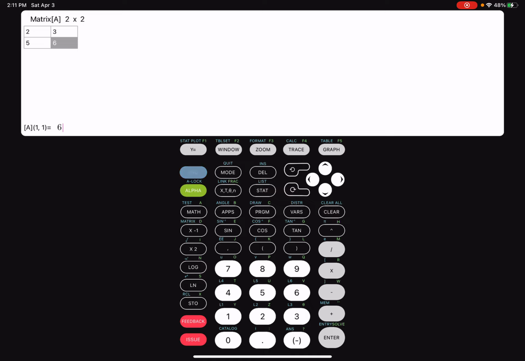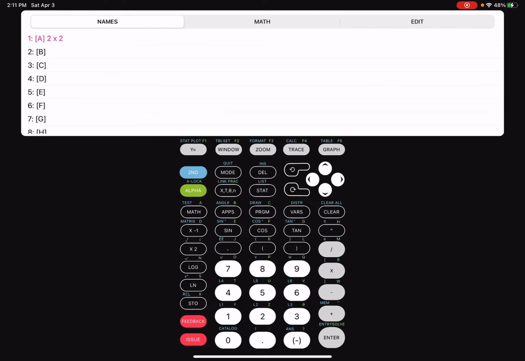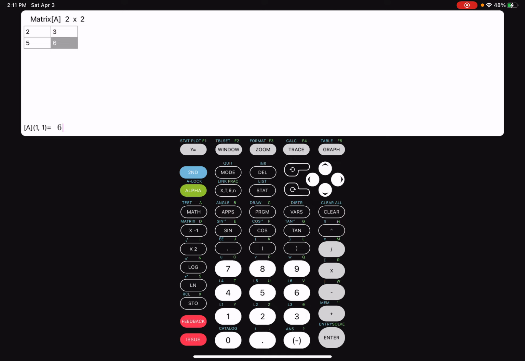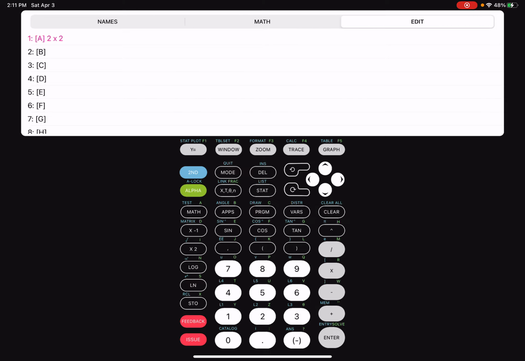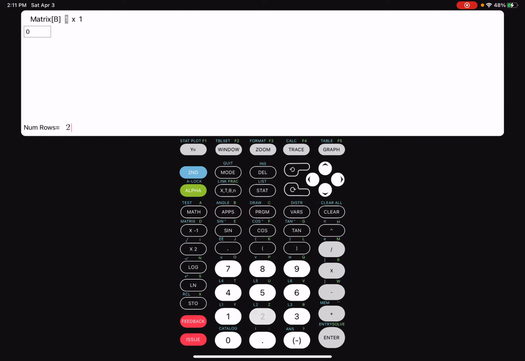And now we're going to second quit. Go back into our matrix, edit B. This is also a 2 by 2. So 5, 9, -3, 6. If I want to add them or subtract them, you do the naming.